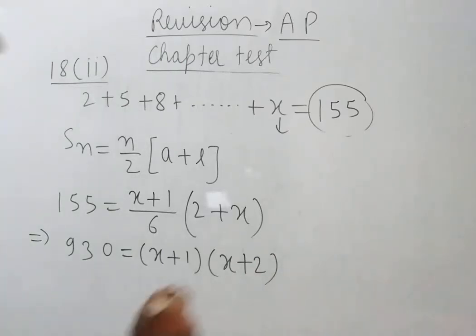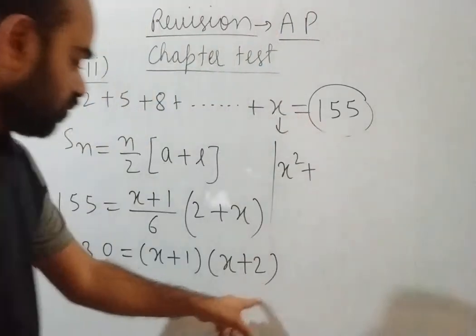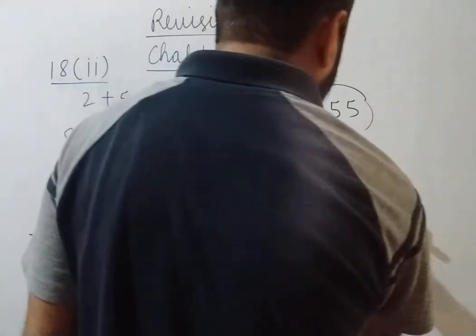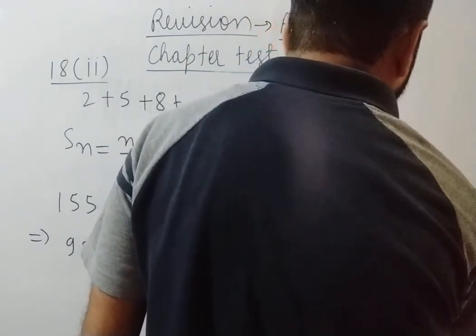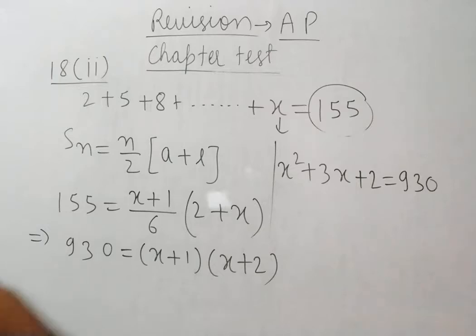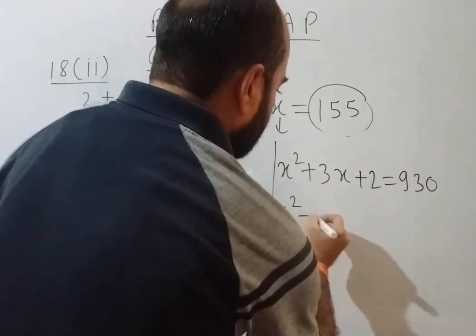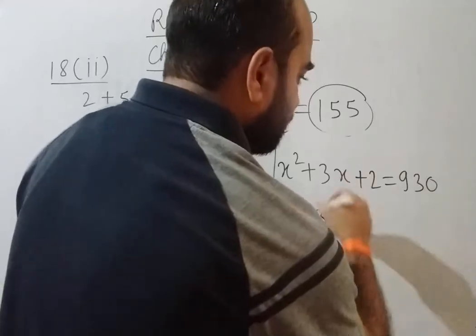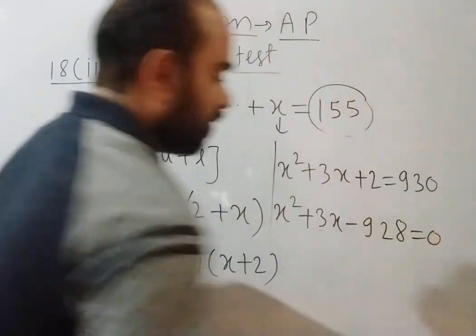So finally what will come? x square plus 2x plus x, 3x, plus 2 is equal to 930. Correct? Final equation will be x square plus 3x minus 928 is equal to 0.